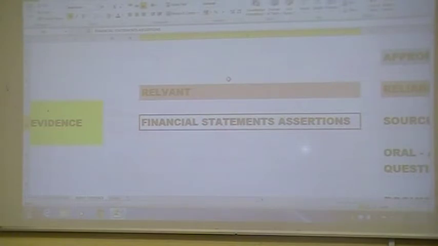So these assertions are what the directors have made in the accounts. Say you have cash in the bank, say €1 million. They have given you the assertion that it's there, existence, that it's complete. So now you have to find all the evidence to show the existence of that €1 million in the bank.